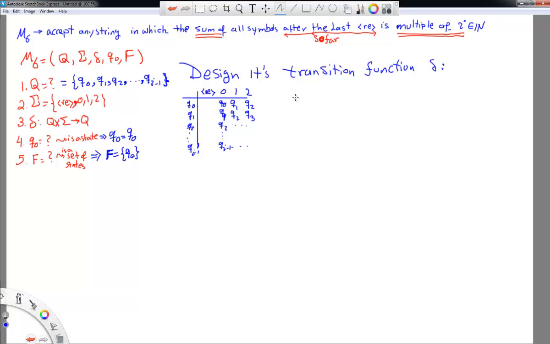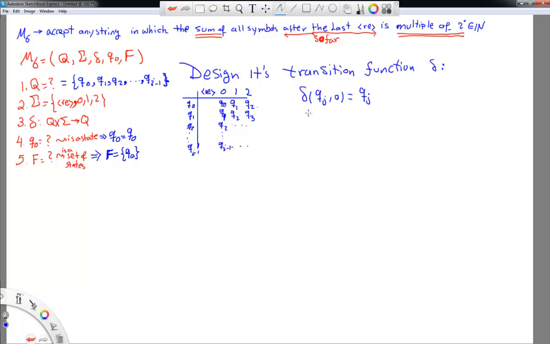So I'm going to represent each of these things as a delta. The delta of q sub j and 0 is going to be q sub j.